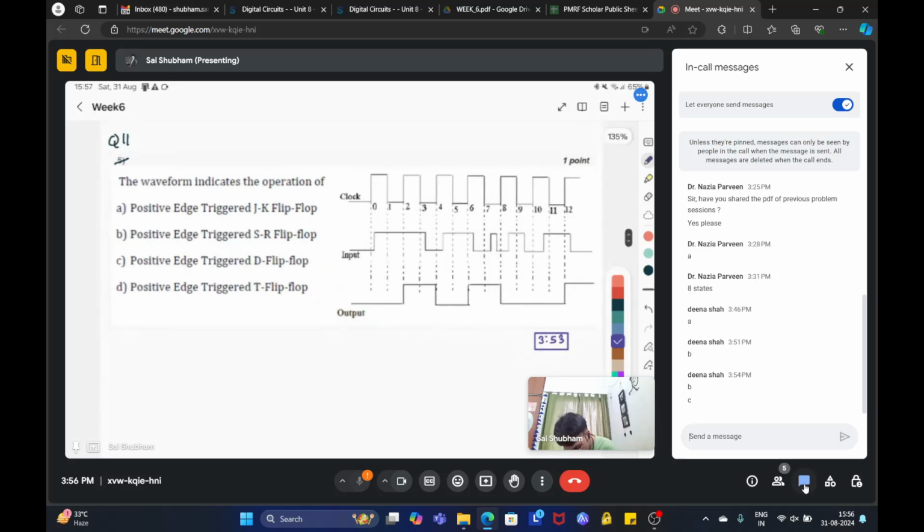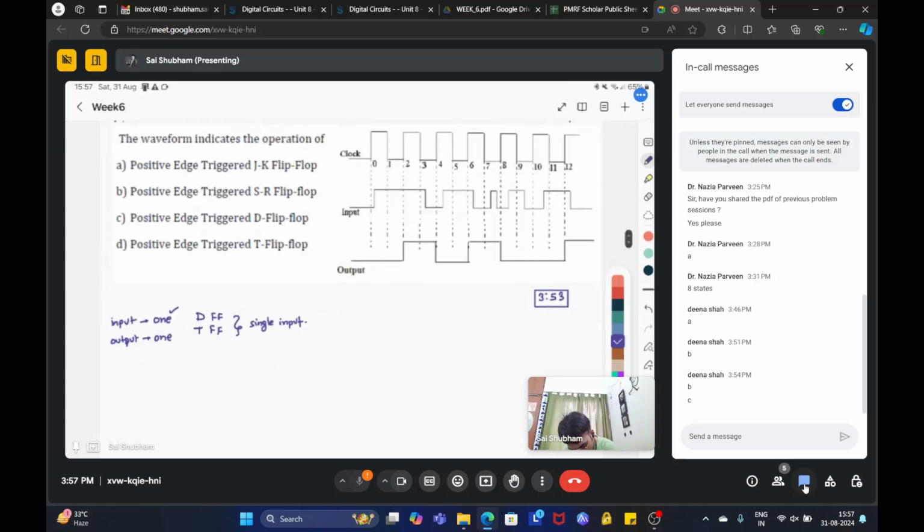I hope everybody was able to do it. As you can see in the question, there is one input waveform, only one, and there is one output waveform. So in case of D flip flop and T flip flop, you have only a single input. So it can be either option C or option D.